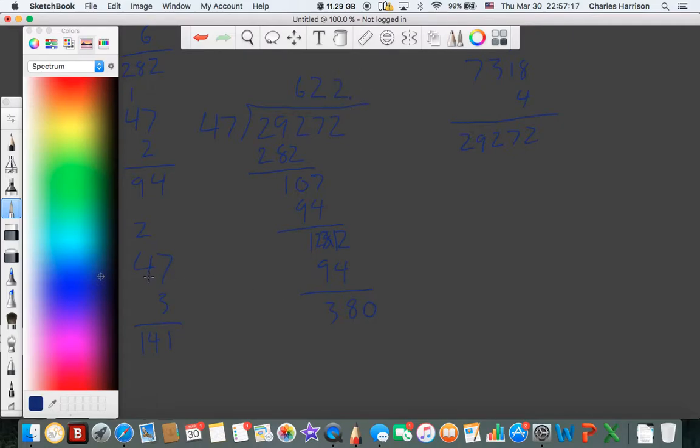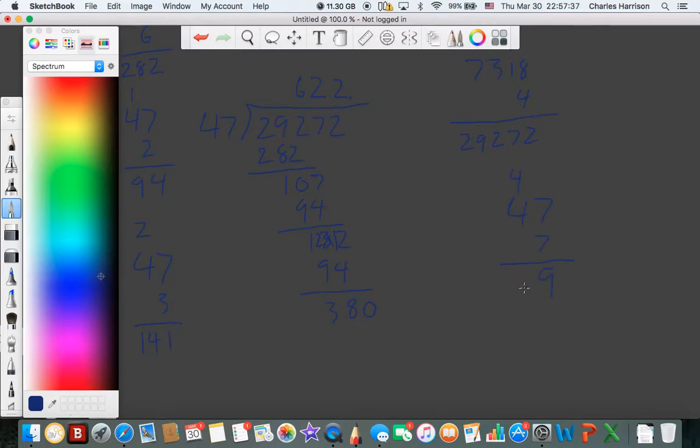So how many times does this 47 go into this right here? Well, I knew that 47 went into this 292 6 times. So I bet about 7 times. Let's try that. So 47 times 7 is 49, and then carry the 4.